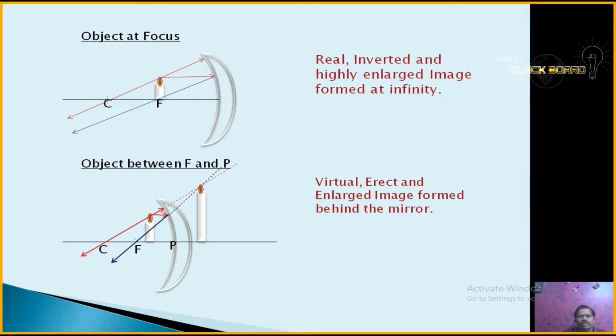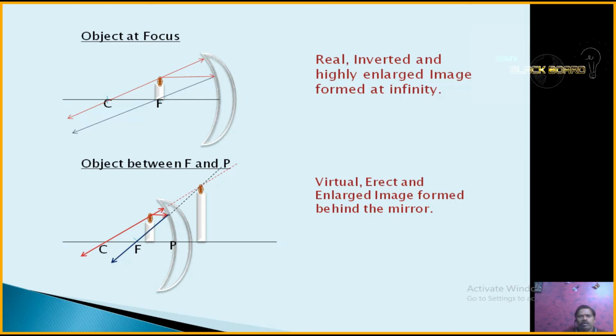So when the object is at focus, we got an enlarged image, but it is real. When the object is between focus and pole, here also we are getting an enlarged image, but it is virtual and erect. So a virtual, erect and enlarged image is formed behind the mirror. If you compare these two, in both cases we are getting enlarged images.